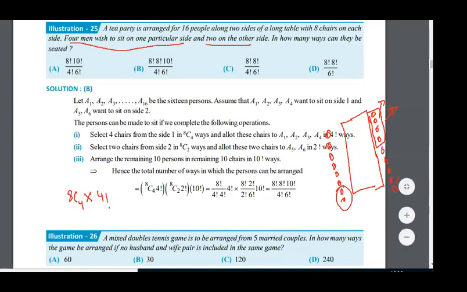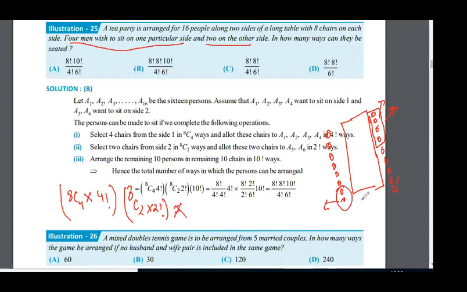I'm talking about this side only, yes or no? I'm just talking about this 4 people only, nothing more. Now come to these 2 people. Out of 8, you have to select two, any two, right? So it is out of 8 selecting 2, so 8C2. Now these two can sit anywhere here, into 2 factorial.